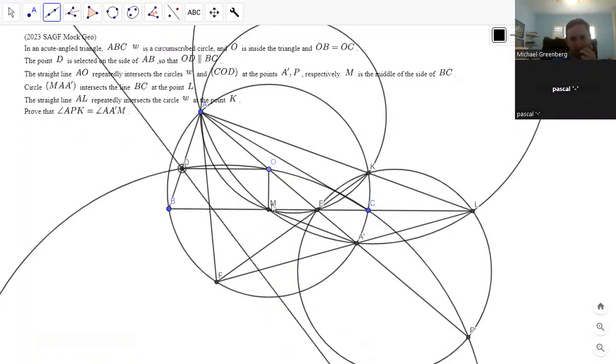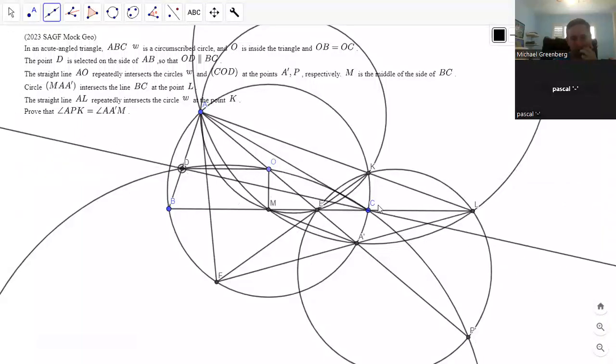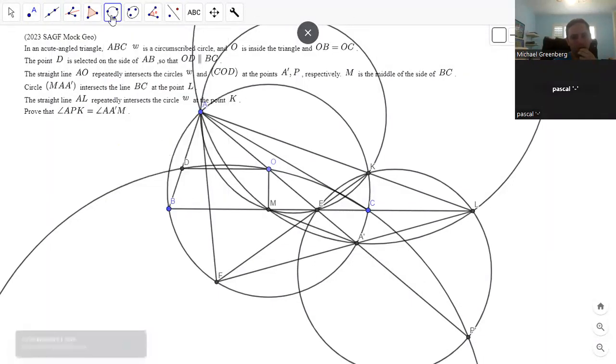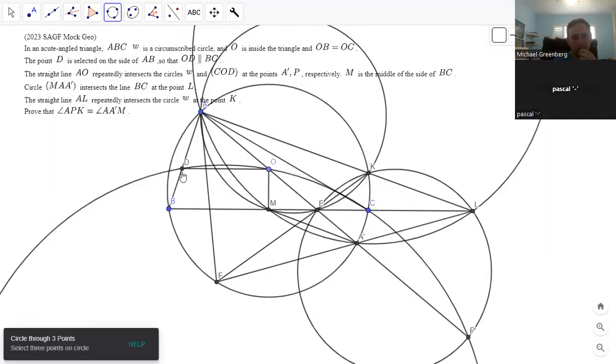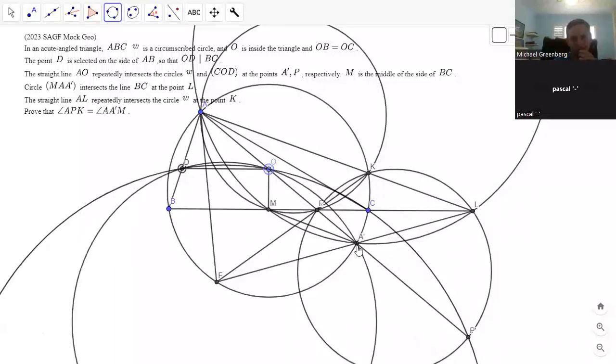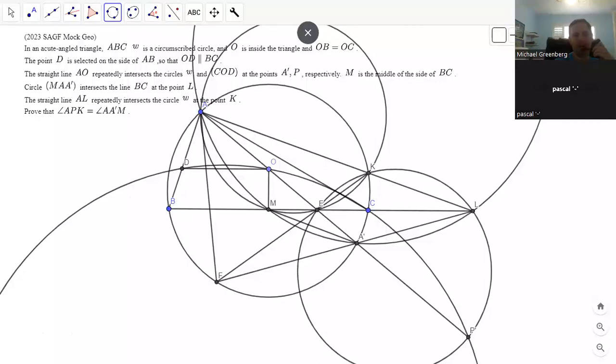Let's see if there's anything special about D. So are there any other ways of seeing this is cyclic?